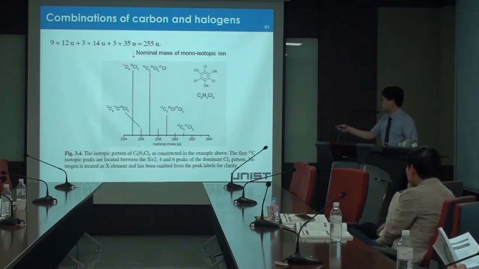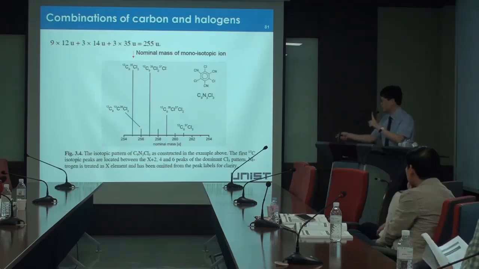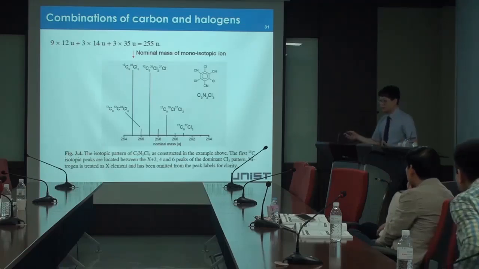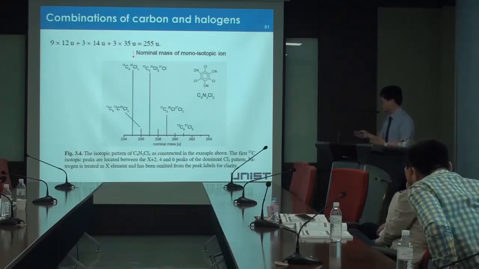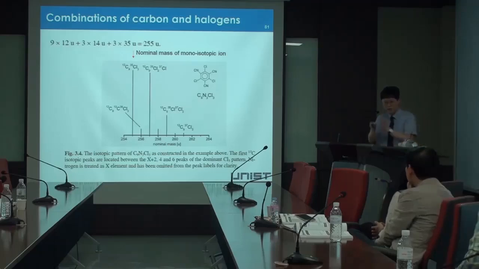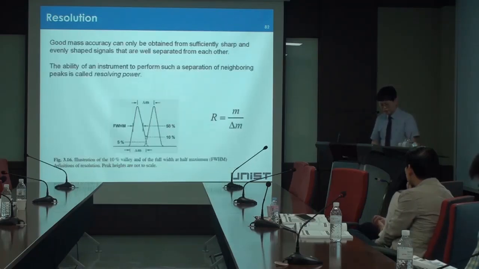You see here, all the carbons are 12, or 8 carbon-12 and one carbon-13, a one-unit difference. This is why we generally observe so many small peaks. This is due to the isotopes of all the atoms.